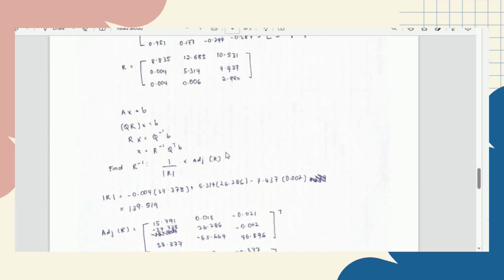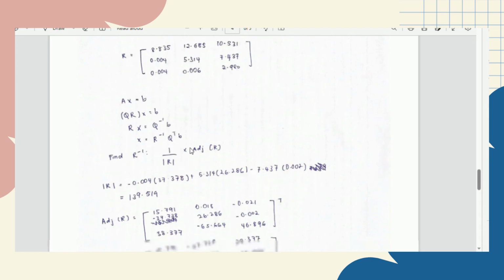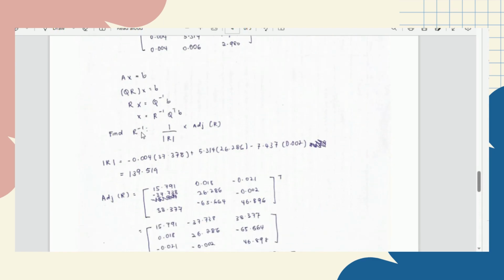And then we have to use AX equals B. I will modify this until I find only X. So I have this formula. Right now, what I have to do is find R inverse, multiply it with Q transpose, and then multiply with B. To find R inverse, I have to use this common formula for finding an inverse.